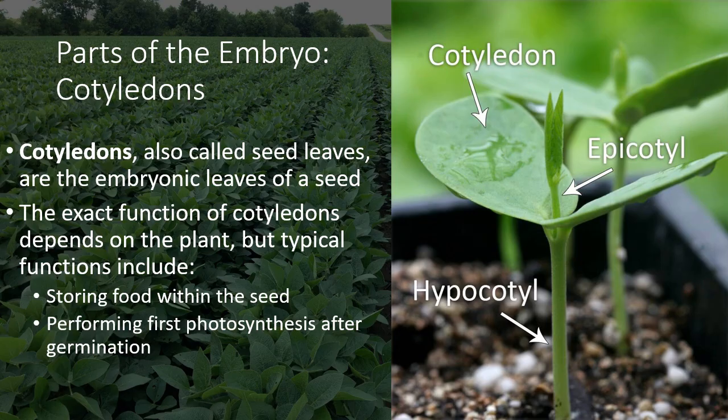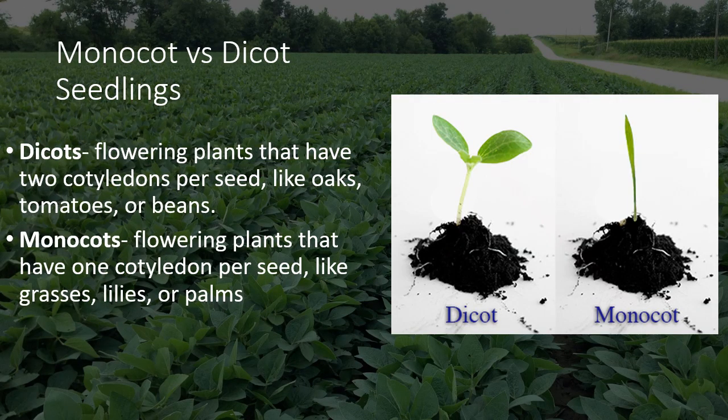So once the seed sprouts, those cotyledons spread out, they expand, and they're green in many cases, and they're able to do photosynthesis and help the plant produce its first true stem. The cotyledons are a very important feature of the seed, also for taxonomic reasons.